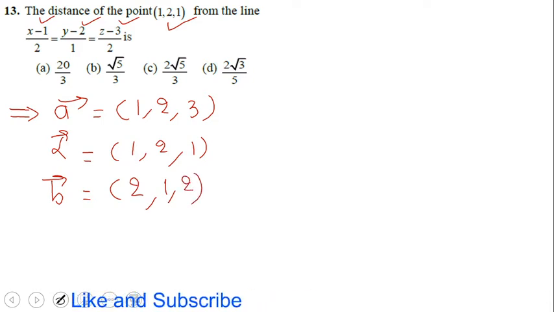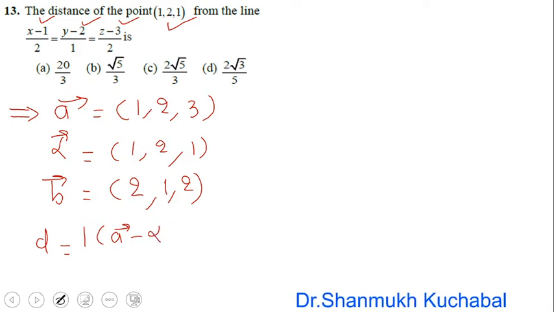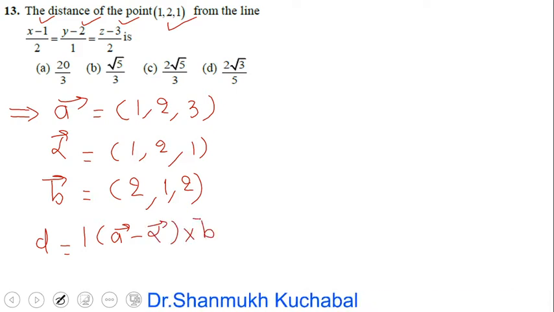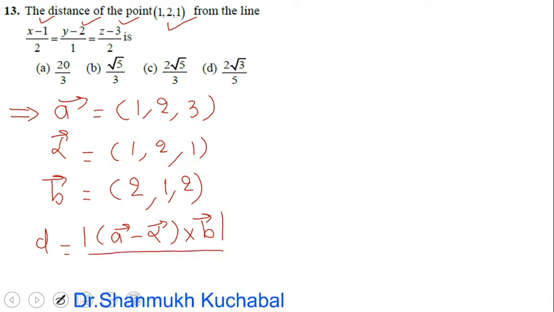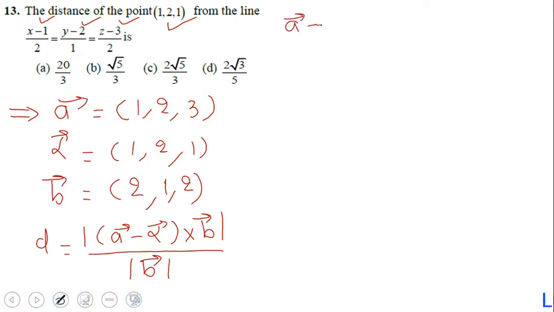Now I use the distance formula. The distance between the point and the line is given as d equal to the magnitude of (vector A minus vector alpha) cross product vector B, whole divided by the magnitude of vector B. Further, we will find vector A minus vector alpha.